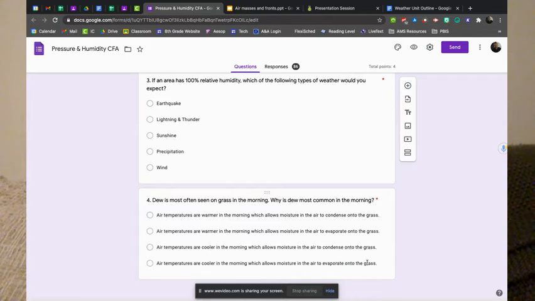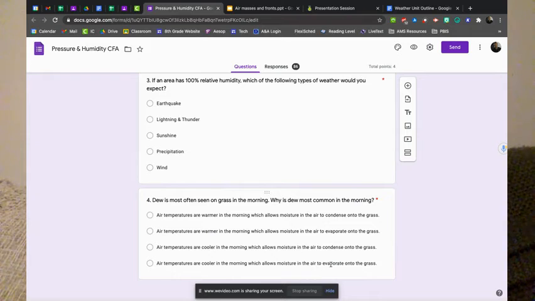And so if I think back to when we did the states of matter, if I remember correctly, condensation is going from a liquid to a solid. Or excuse me, a gas to a liquid. Sorry, gas to a liquid. So we have moisture in the air, or water vapor in the air, that is condensing or turning into a liquid on the grass.